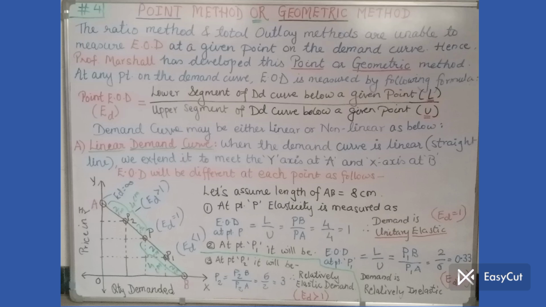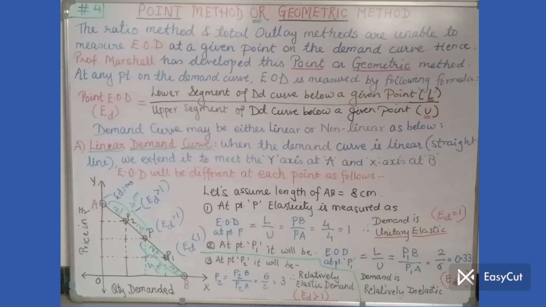Now let us assume that the length of AB is 8 centimeter. Assuming this total length of AB is 8 centimeter, I have shown different measures with the help of green pen. From point A to the point P2, it is 2 centimeter. Then from point P2 till point P again it will be 2 centimeter.